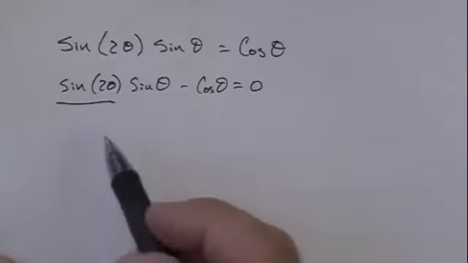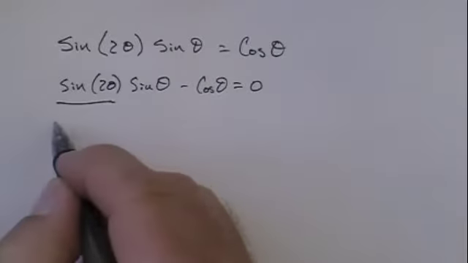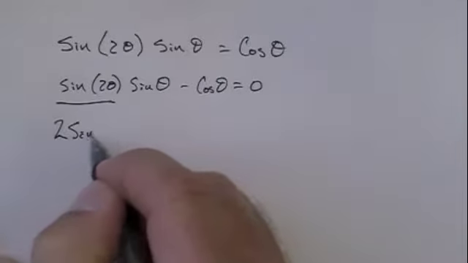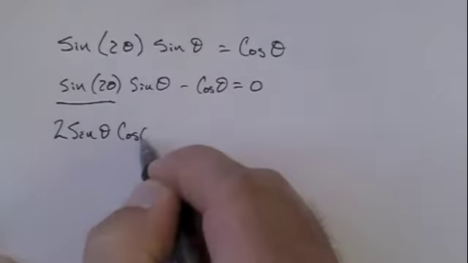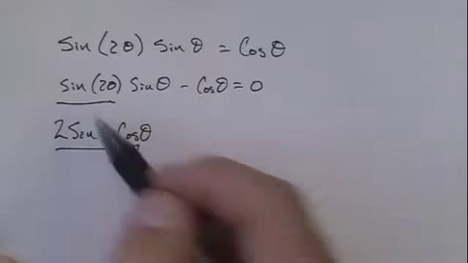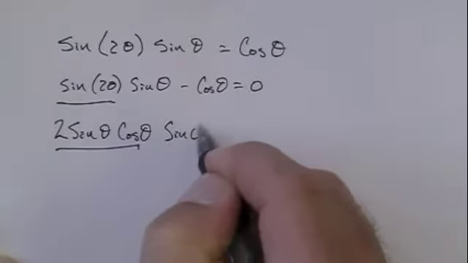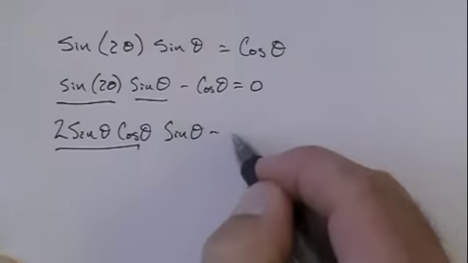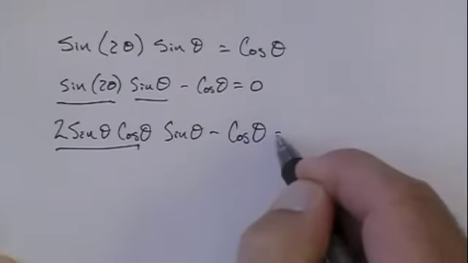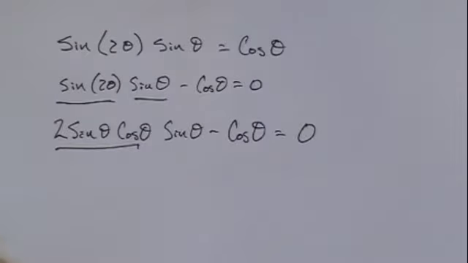Instead of sine of 2 theta, I know that's equal to 2 times the sine of theta times the cosine of theta. So I'm going to plug that in for sine of 2 theta. We're still taking that times sine of theta from right here, have our minus cosine of theta. This is all equal to 0.